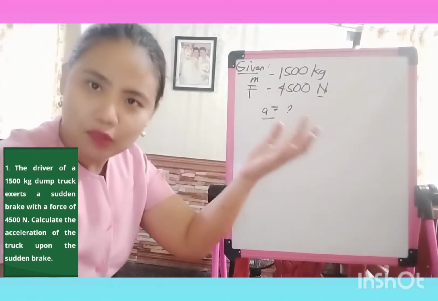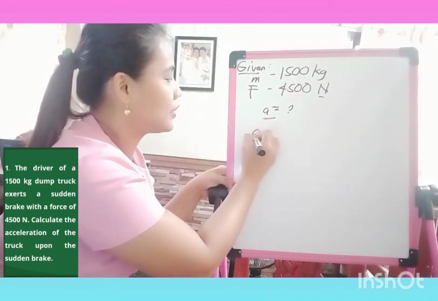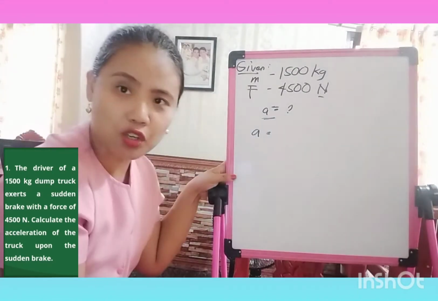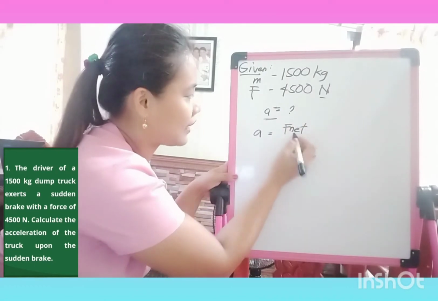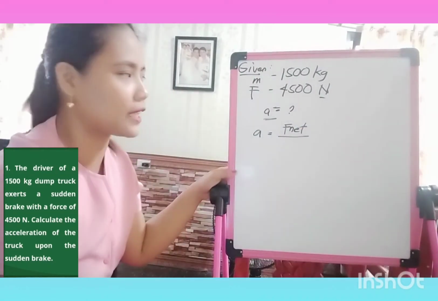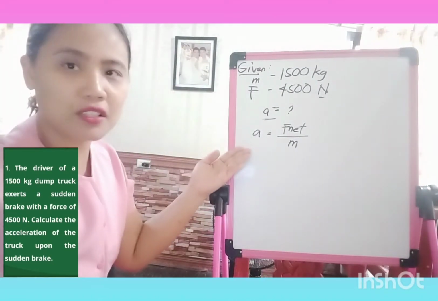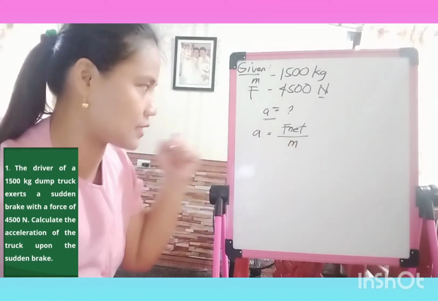On our previous discussion, we have learned that the formula of acceleration is equal to net force, the sum of all forces, divided by mass. Acceleration is equal to net force divided by mass.